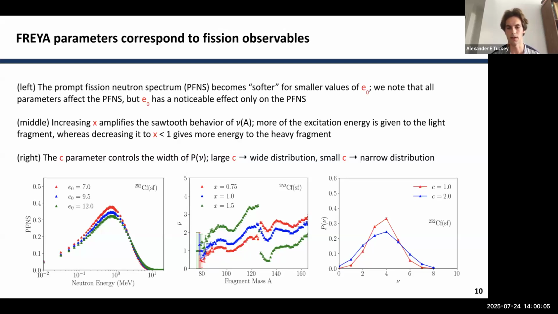So these error bars I'm showing here are purely statistical error. At these lower fragment masses, we have fewer counts per bin because it's just less likely to get fragments at the tail ends of the distribution. So the statistical uncertainty is inversely proportional to the amount of counts we have per bin.